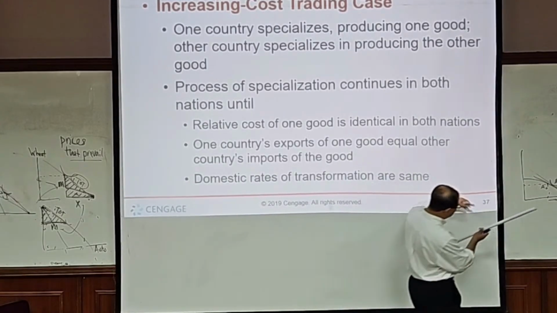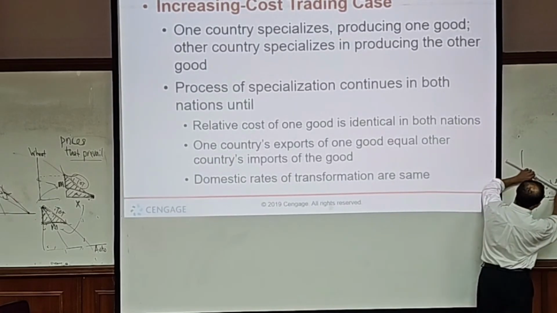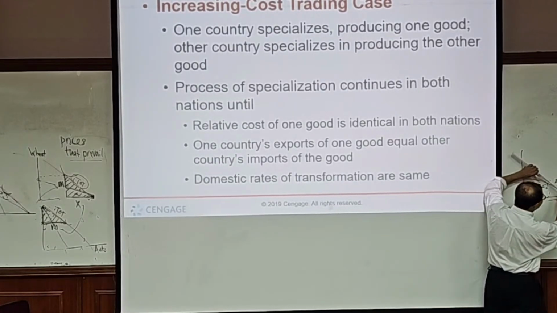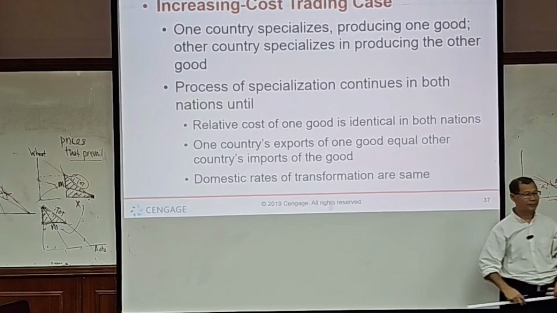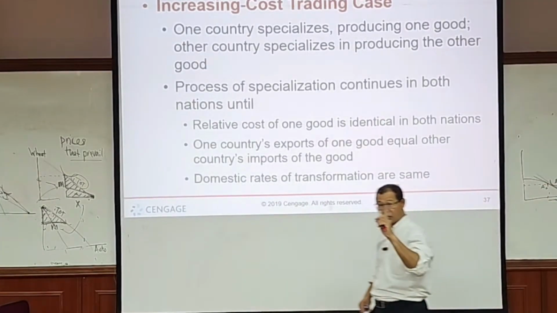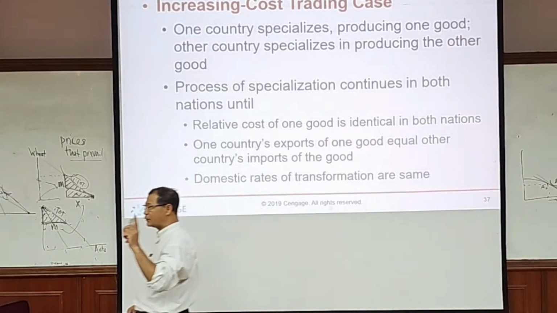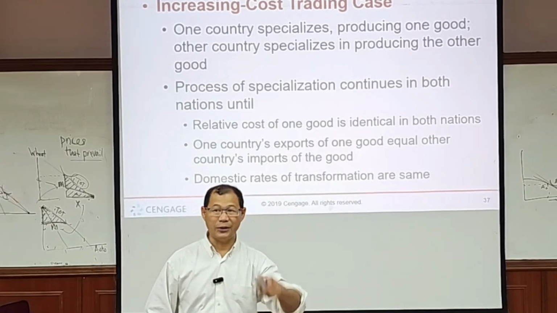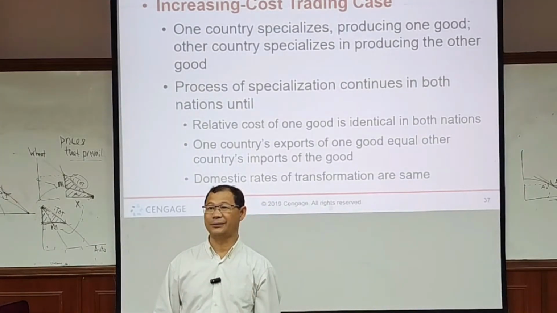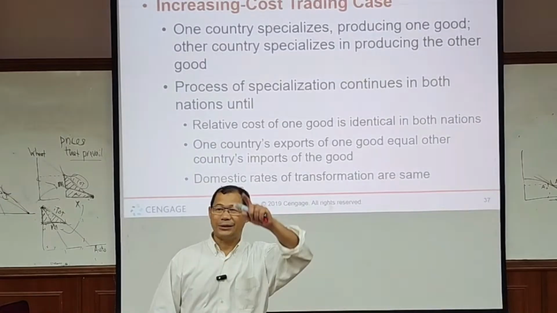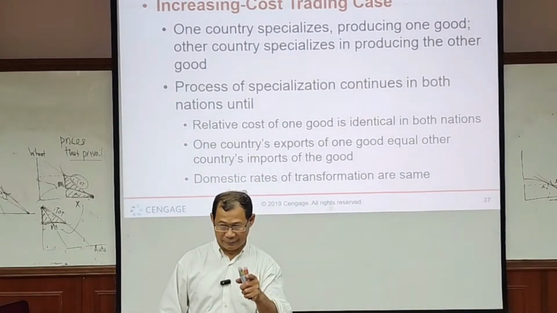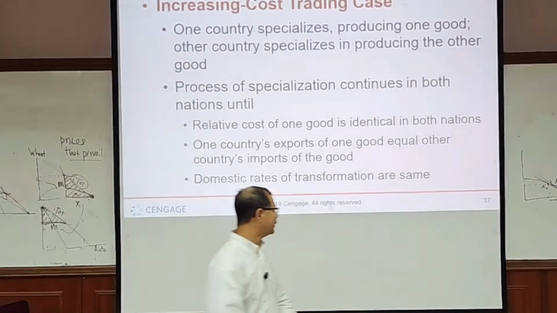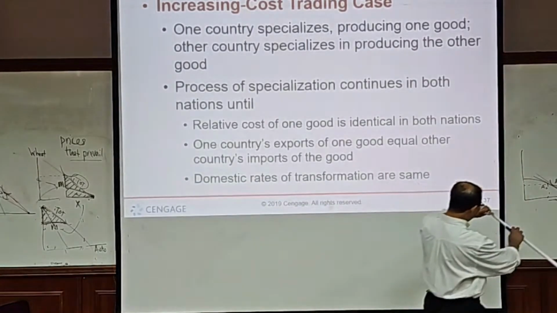Look at the dark line. This is the slope. The slope is what? Opportunity cost. The slope is opportunity cost. Lower opportunity cost.